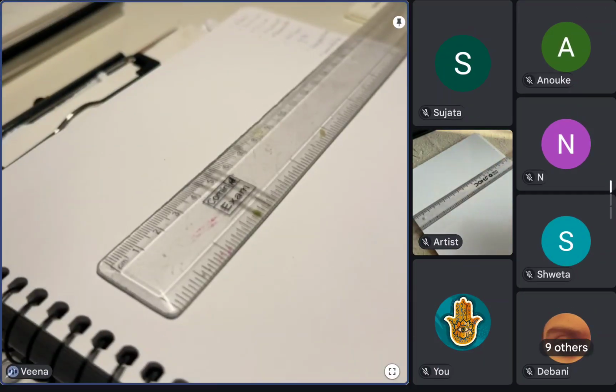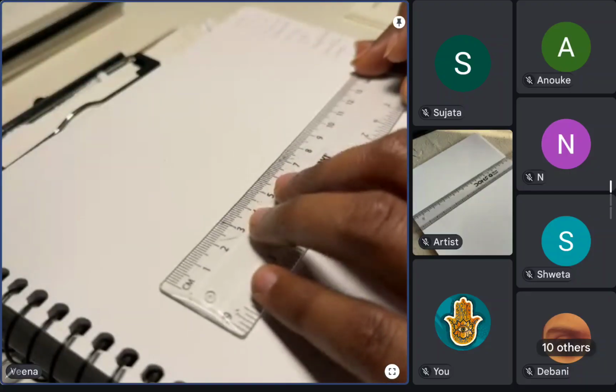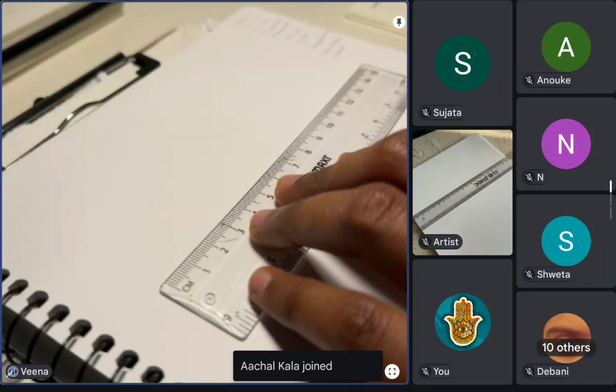For this one, you can even go with the shorter scale if you'd like to, because in the list of materials, I specifically asked for a 30 centimeter scale. If you have a 15 centimeter scale with you, for this one you can go with that also. Okay.